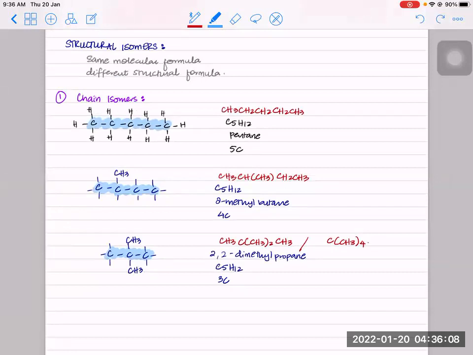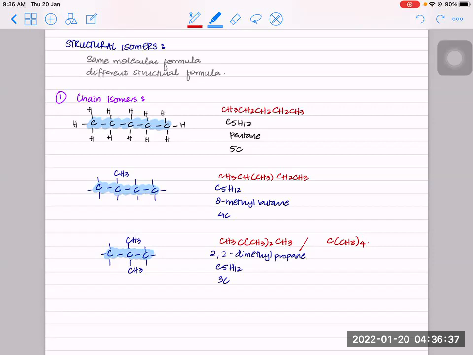Now, you don't have to write the structural formula and then check whether it's different to identify whether they are isomers or not. You can just name them. This is pentane, 2-methylbutane, 2,2-dimethylpropane. If the name is different, they are isomers of each other. Is this clear?